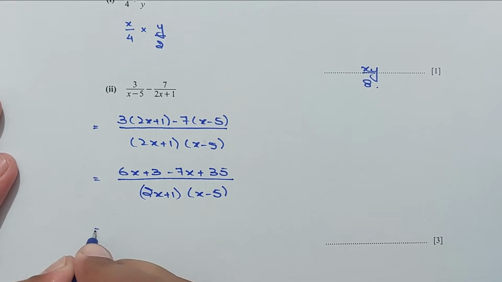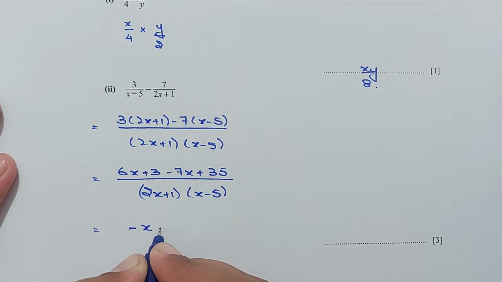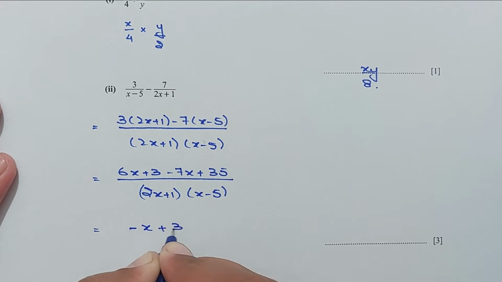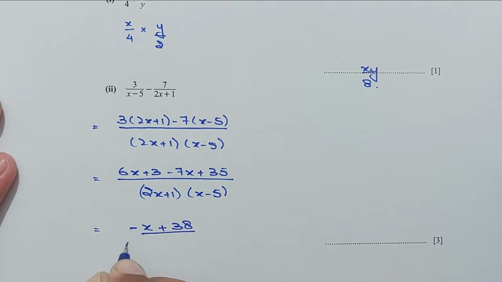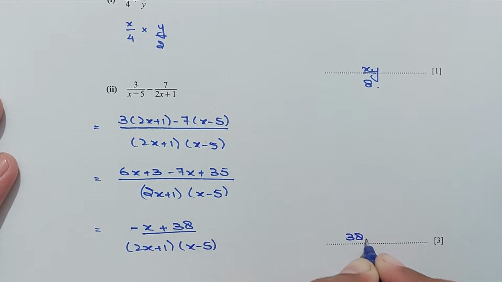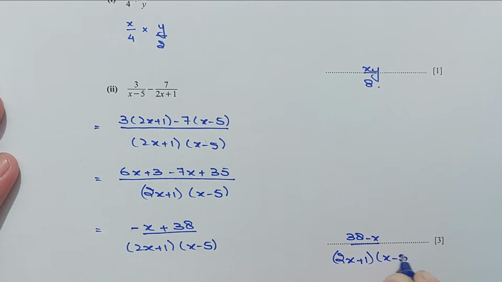So this would be minus x, and we have 35, 36, 37 and 38, plus 38 over 2x plus 1 into x minus 5. 38 minus x over 2x plus 1 into x minus 5.